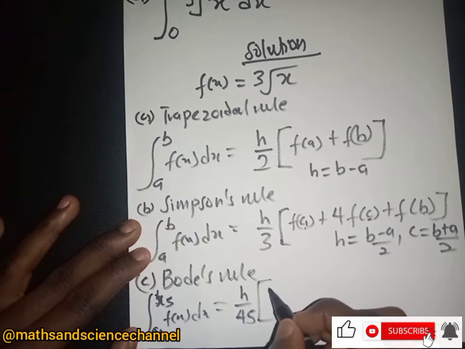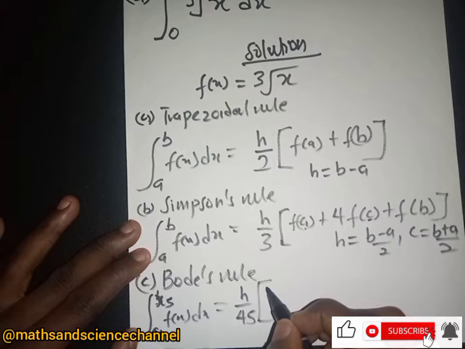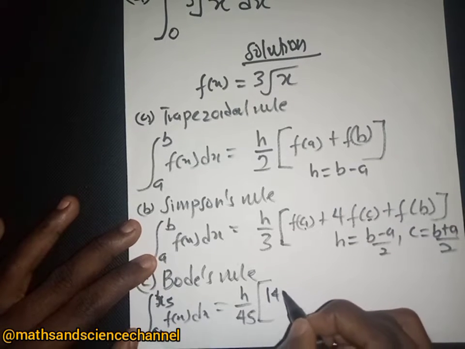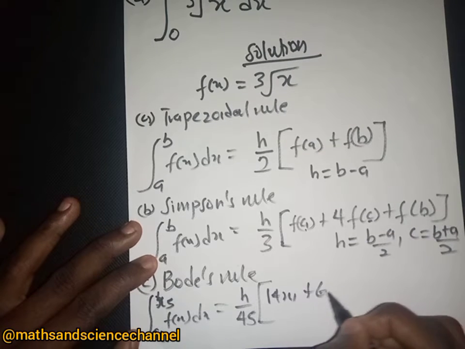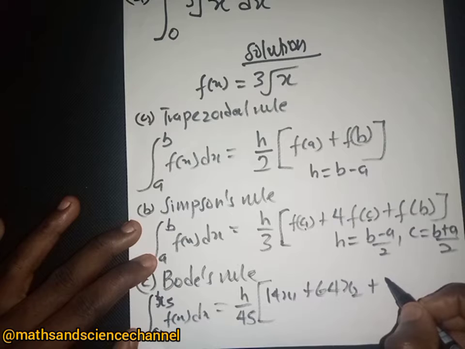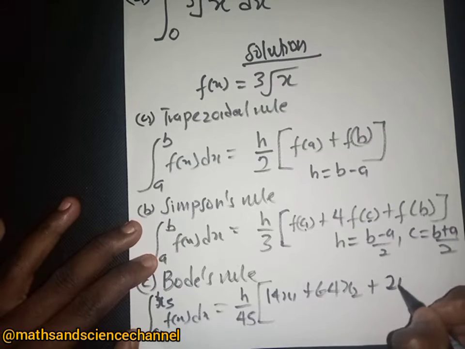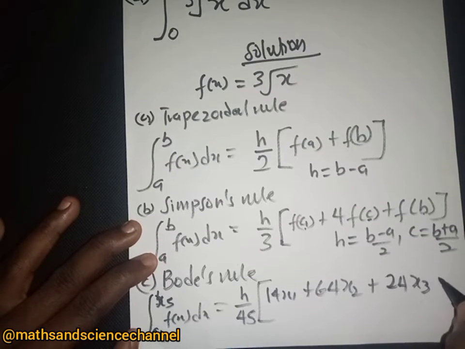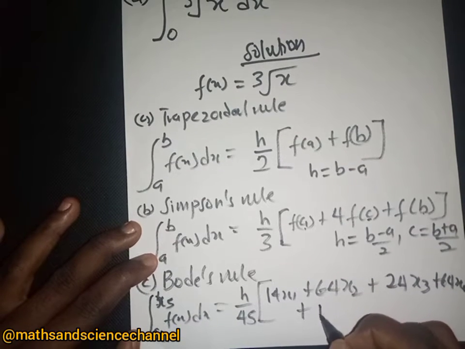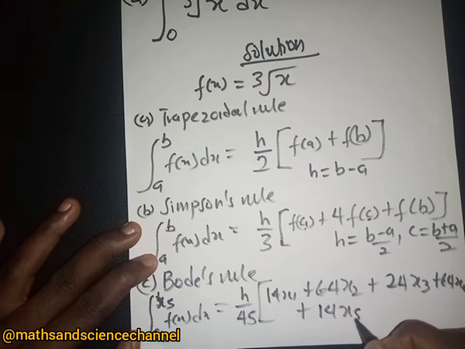For the Bode rule, it goes this way: we have 14 f of x1, then 64 f of x2, then 24 f of x3, then 64 f of x4, then also 14 f of x5.